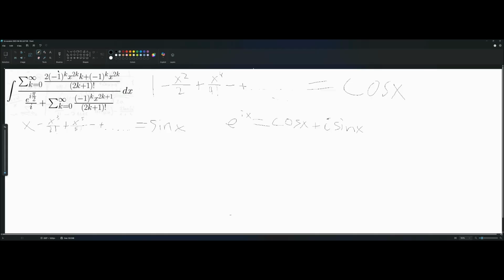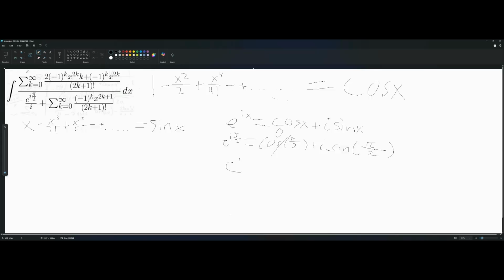And so now this tells us to evaluate this at pi over 2 and divide it by i. So when we evaluate this at pi over 2, we get cosine of pi over 2 plus i times sine of pi over 2. Well, cosine of pi over 2 is just 0, right?